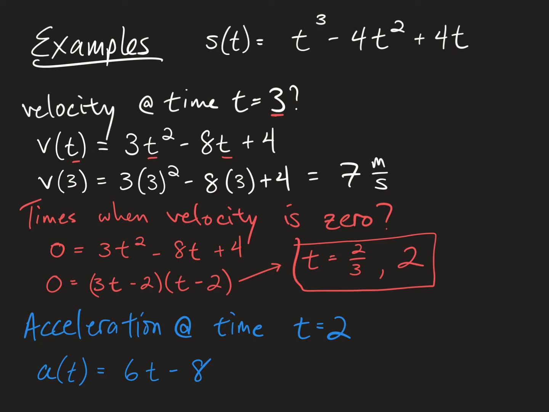And once you substitute 2 in for t, you get a of 2. That is 6 times 2 minus 8, which is 12 minus 8, which is 4. And the units here are meters per second squared.